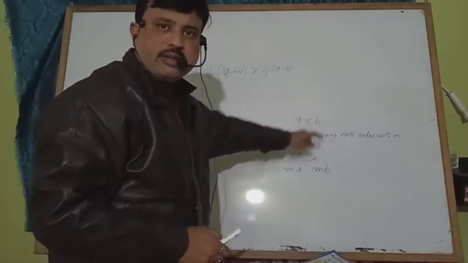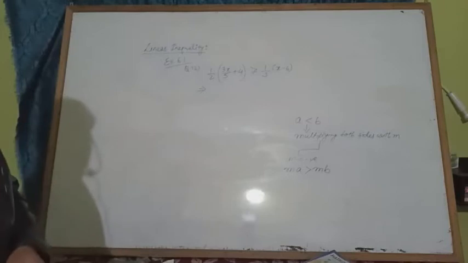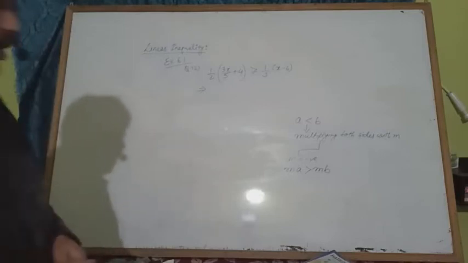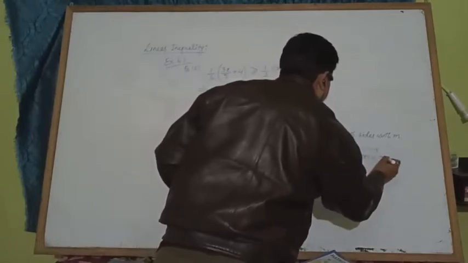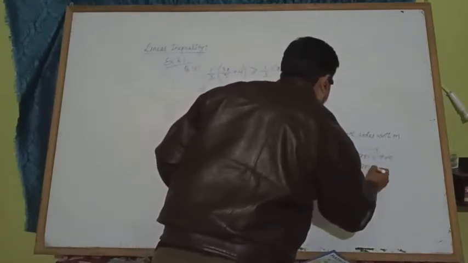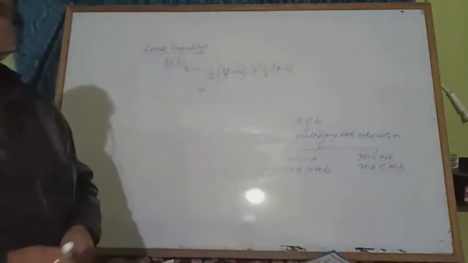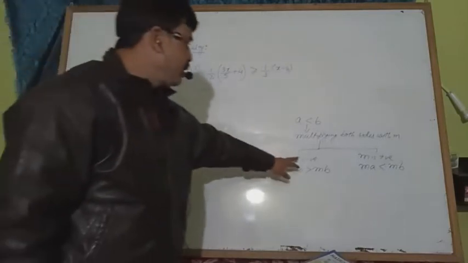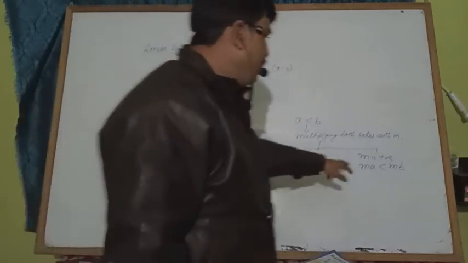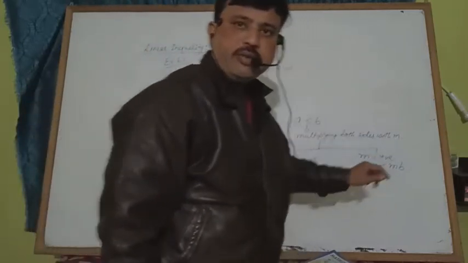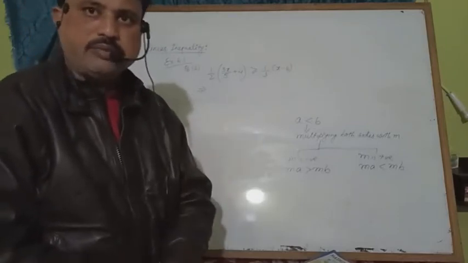It was less than, you have to make it greater. And if m is positive, then for ma, mb the inequality will remain the same. So multiplying with a negative number, you have to reverse the inequality, and multiplying with a positive number, you keep the inequality the same. That is one thing you have to remember.